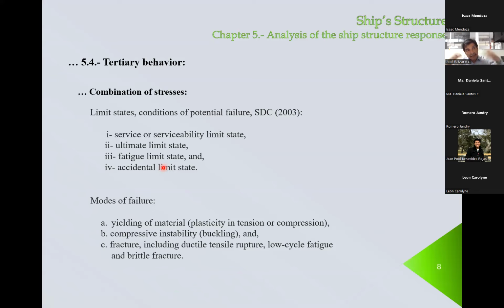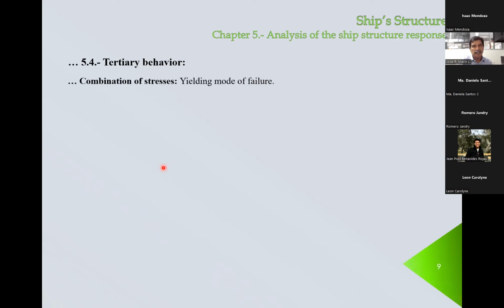There's some disparity between knowledge. So in our case, usually we consider the first two, right? Yielding, and so we have to do a check. If you have repetitive loading, you have to do a check of fatigue also. Okay, that's a general comment.